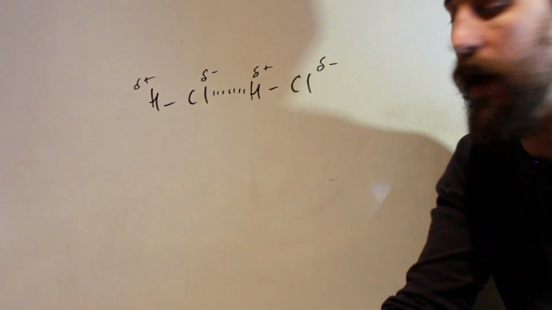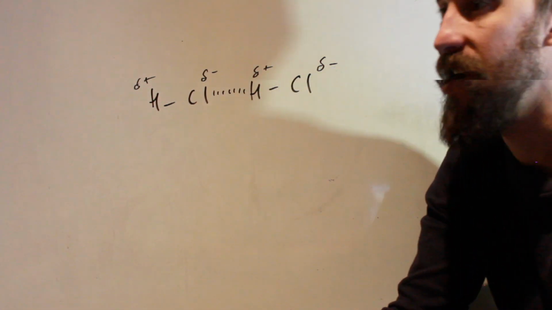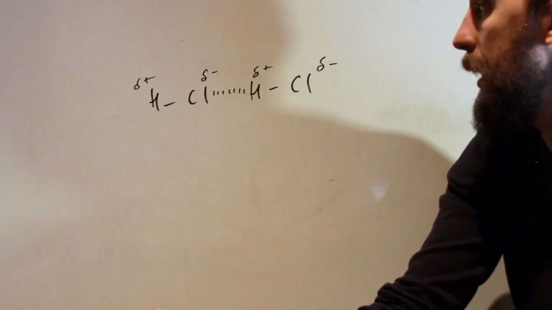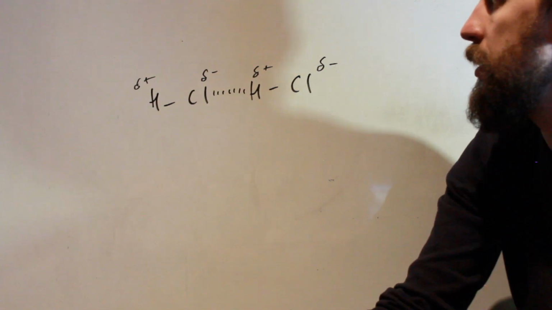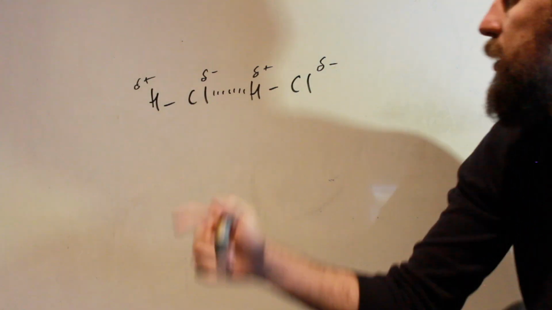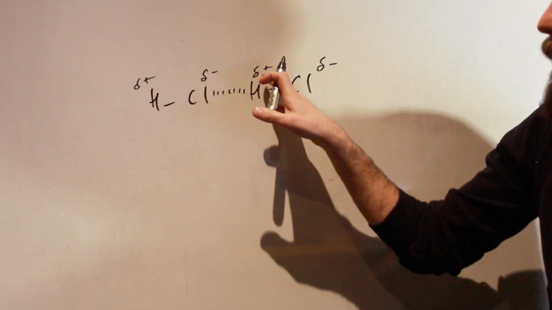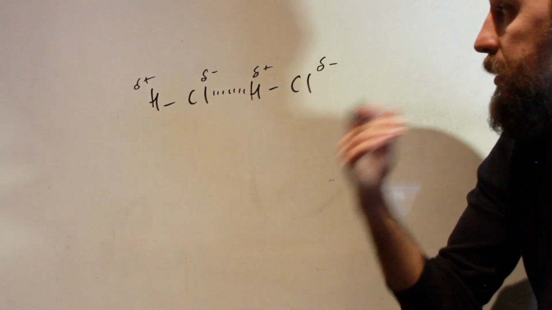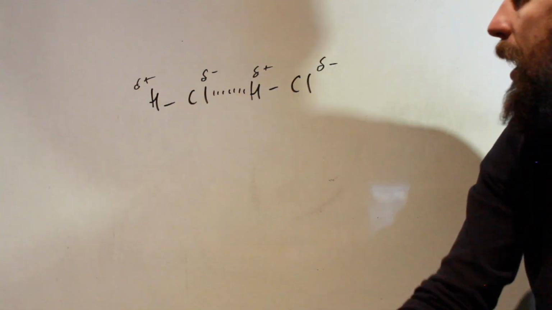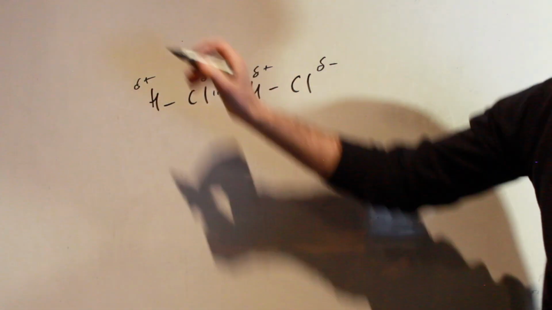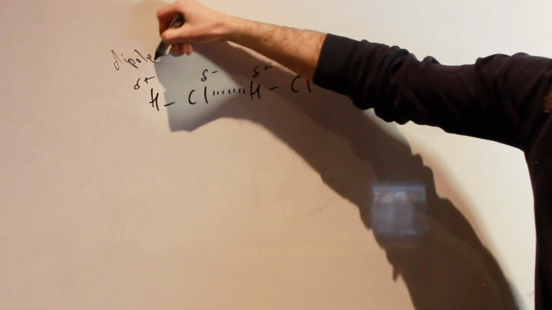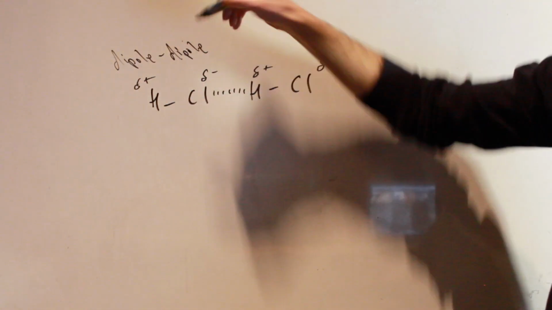No different to any other kind of electrostatic attraction that we've looked at in ionic bonding, in our atomic structure. It's all just electrostatic attraction between a negative and a positive. So it's a partial negative and a partial positive, so it's not as strong as in an ionic bond, but we still have a dipole interaction.